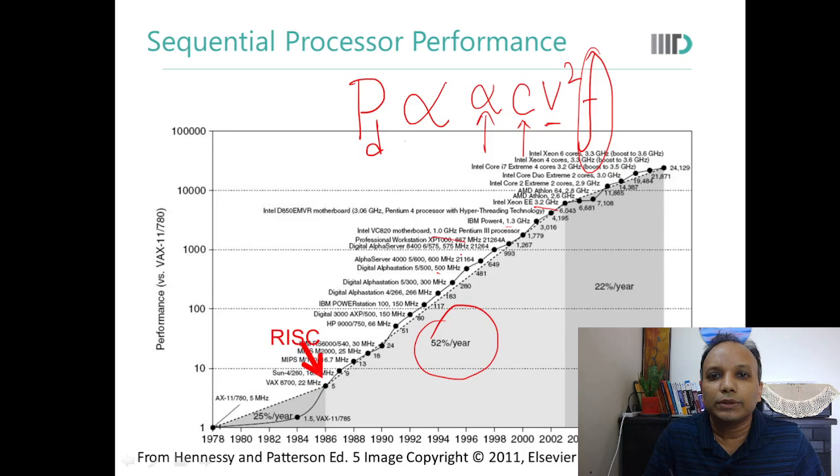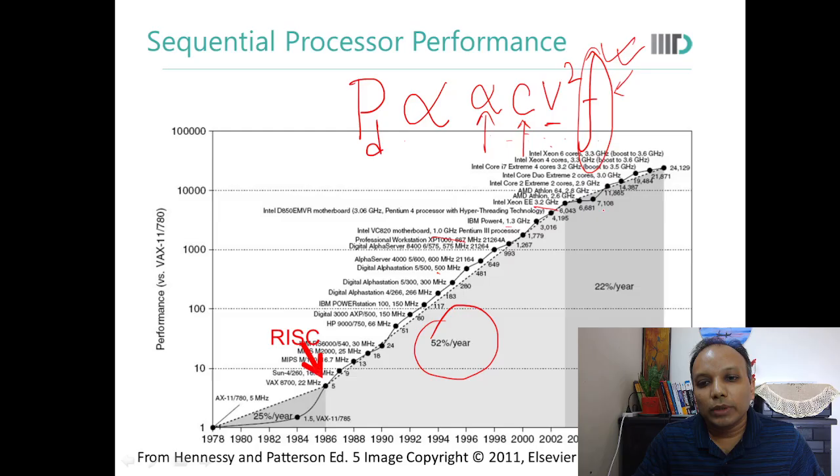Since we can't do much about the other factors, most of the performance we were getting was because we were running things faster and faster, but then we were no longer able to run it any faster, because the power dissipation was becoming too critical.